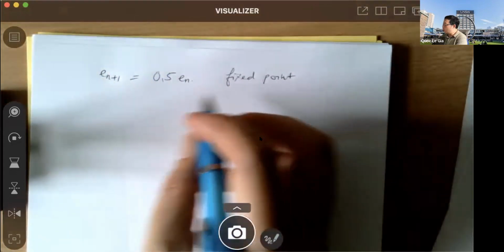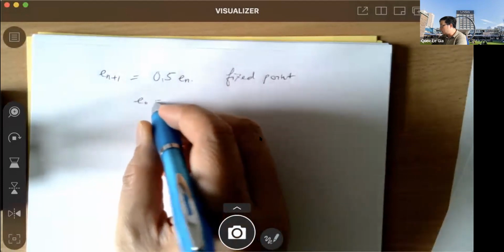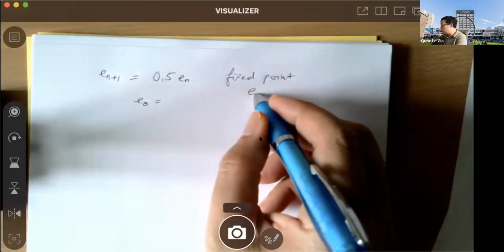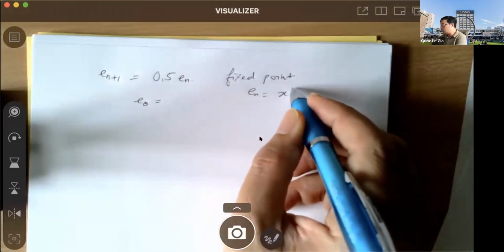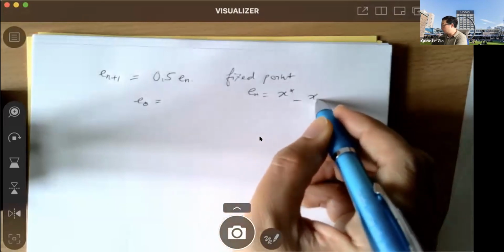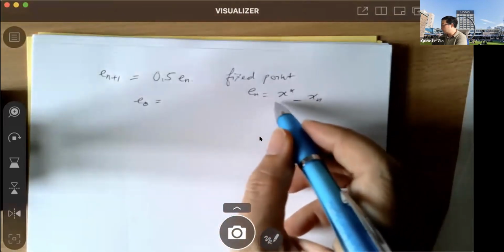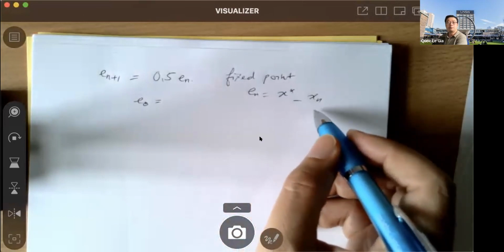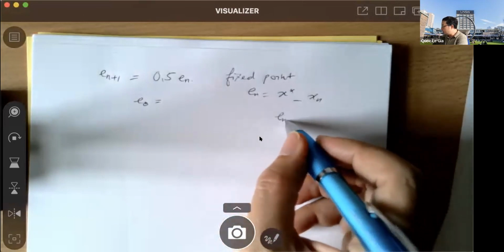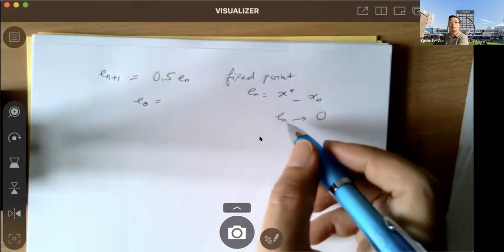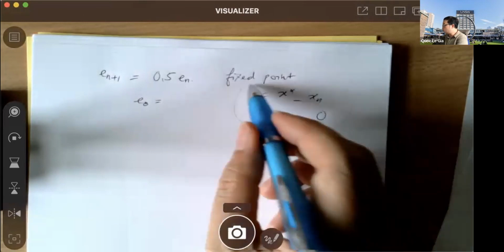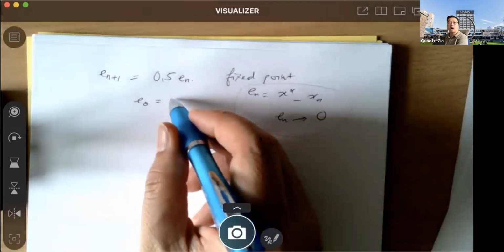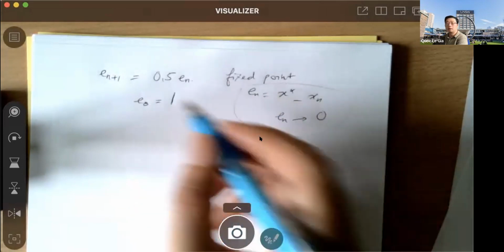iteration. And now suppose you start with e_0. Remember e_n is just the difference between x star minus x_n, so this is the exact solution and this one the approximate solution. What you want is for e_n to go to 0, right? Then you have convergence. So now suppose I start with e_0 equal 1.